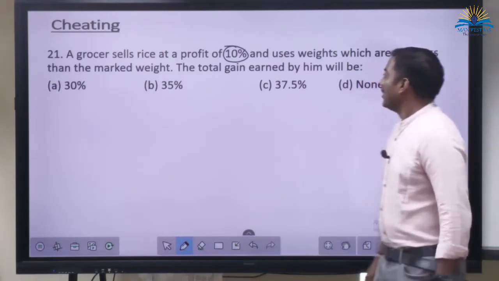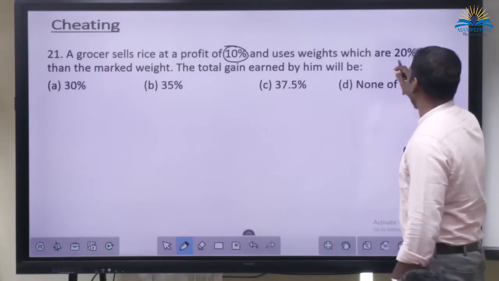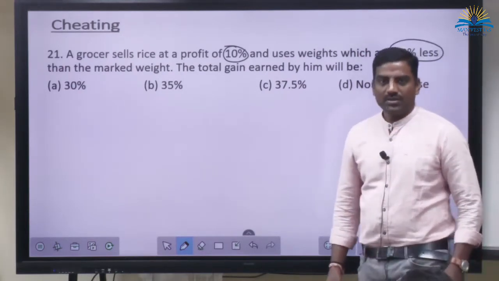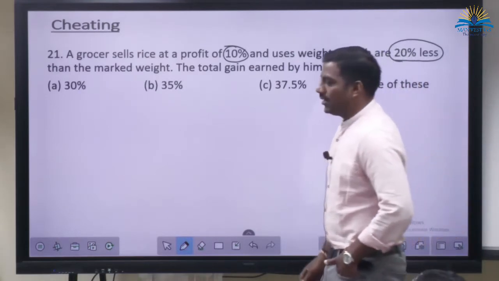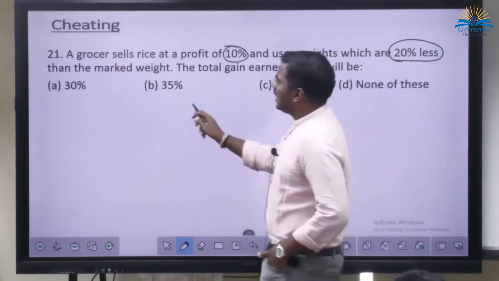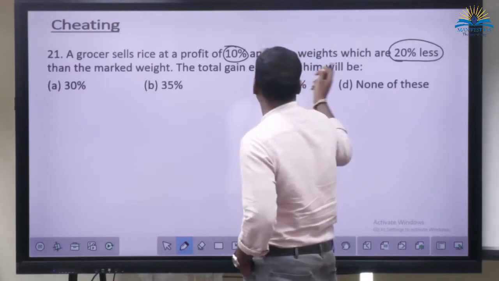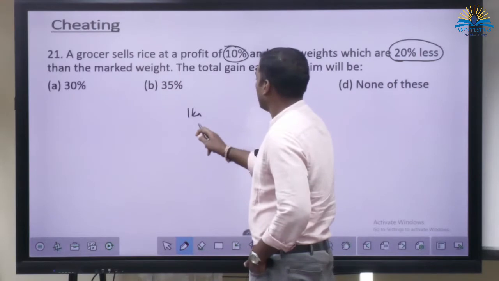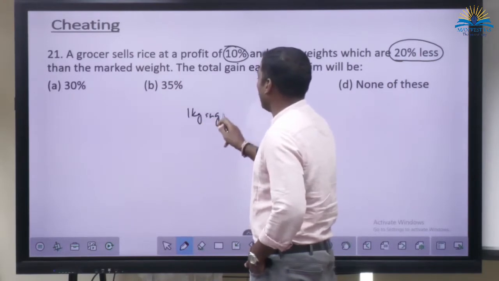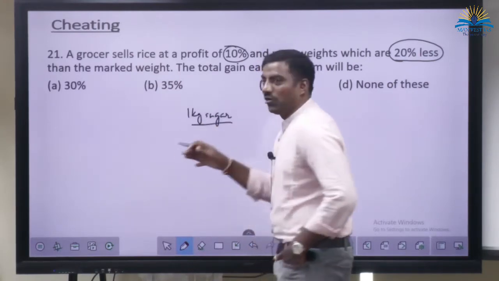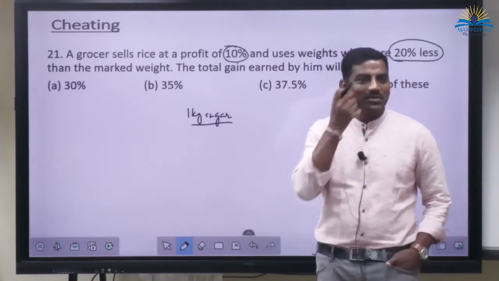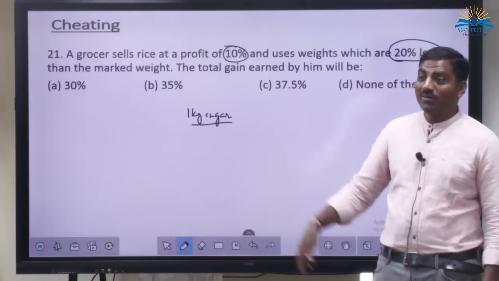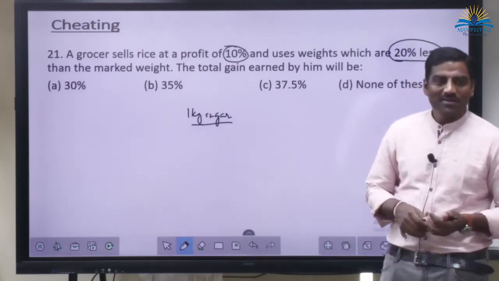Okay. And uses weights which are 20% less than the market weight. For example, again, we'll take 1 kg sugar only. See, this sugar, rice and all, it has been ingrained into our blood, because these are two necessary things and these are available in the PDS shop.